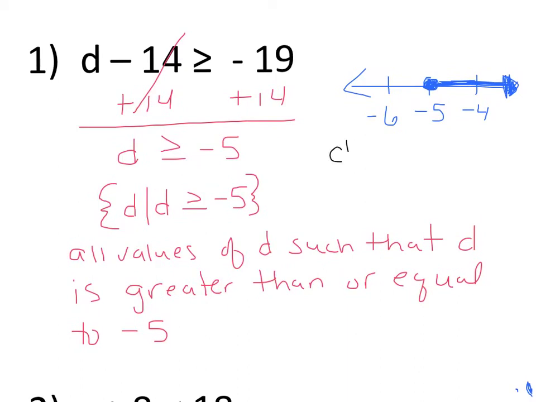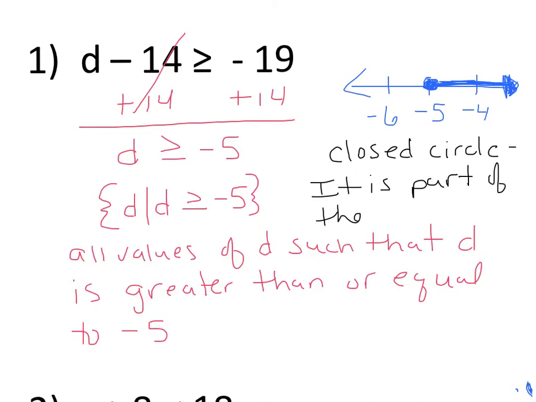What that closed circle means is it is part of the solution. So that -5 is actually going to be part of the answer. So closed circle is part of the solution. All right, let's go down now and look at another example.